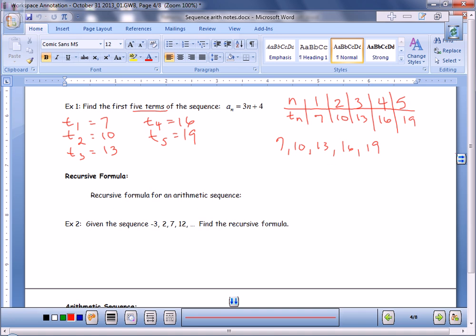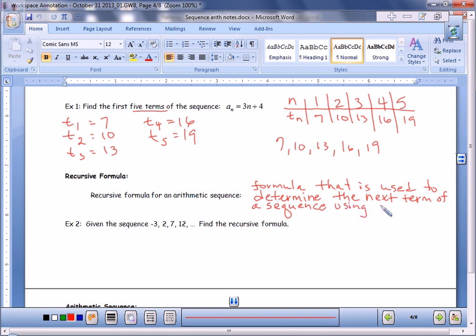A recursive formula for an arithmetic sequence is a formula that is used to determine the next term of a sequence, and we do this by using one or more of the preceding terms.